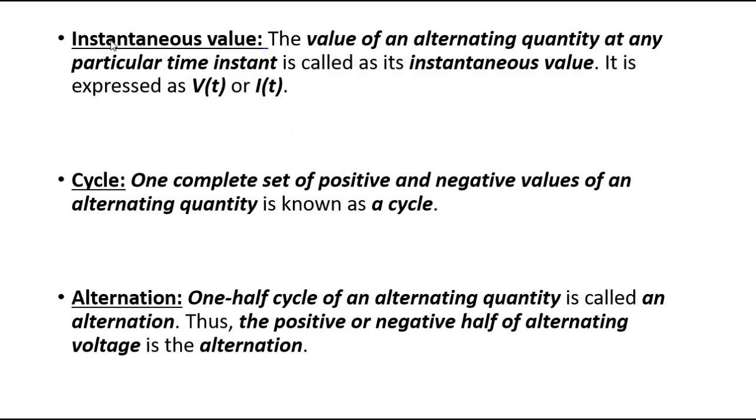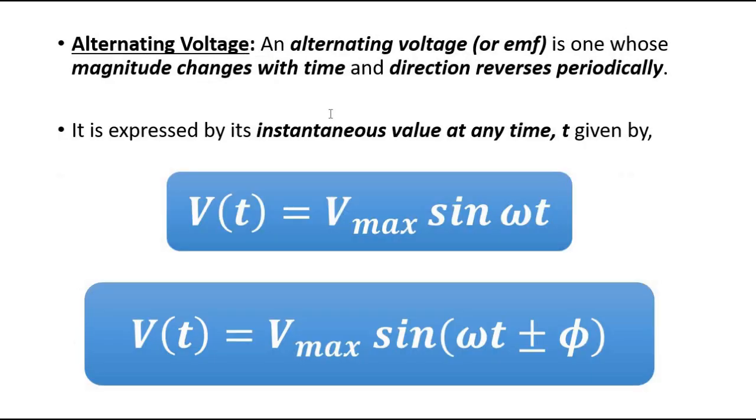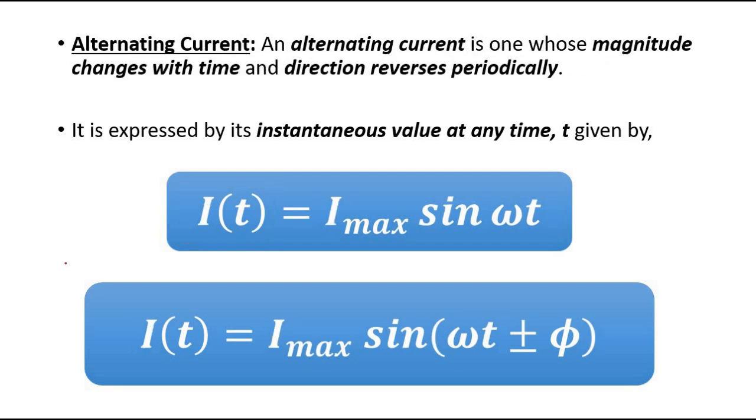Then we have the instantaneous value. This v(t) in the equation which we discussed, or here the i(t), is called the instantaneous value.